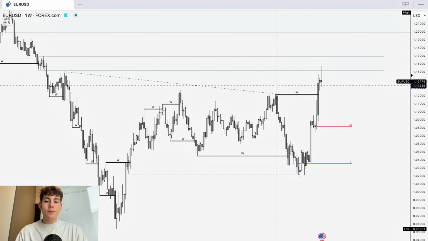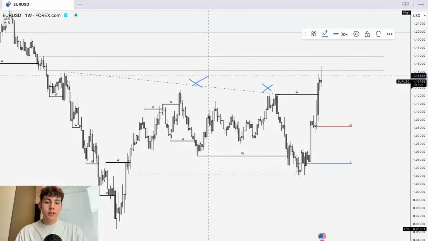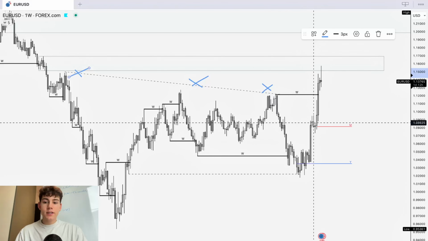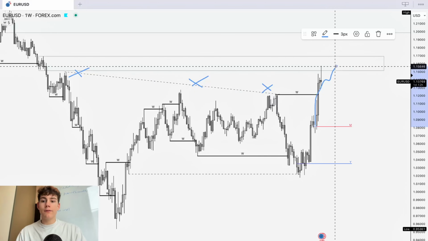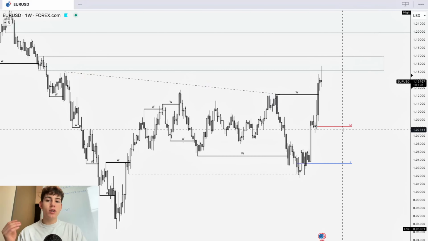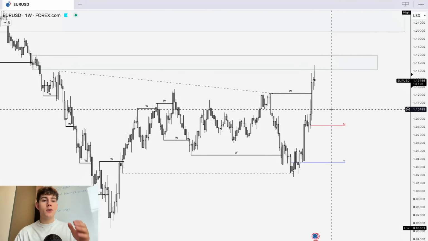So basically these highs are all pretty weak and we just expect them to get taken out in one move. Okay, and from there we could then react. So that's trendline liquidity.